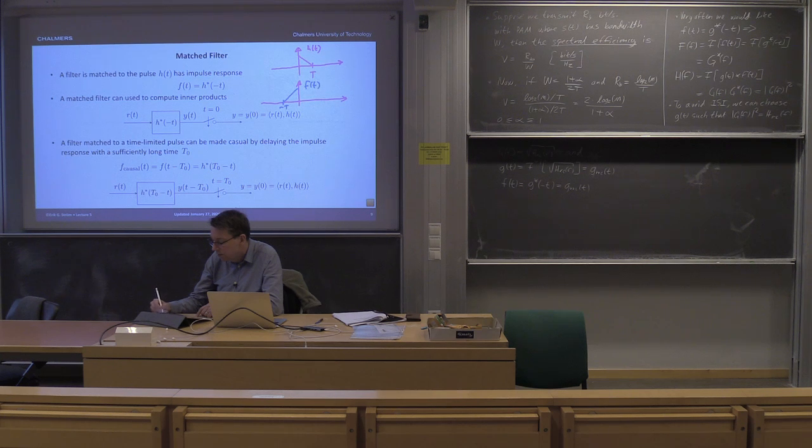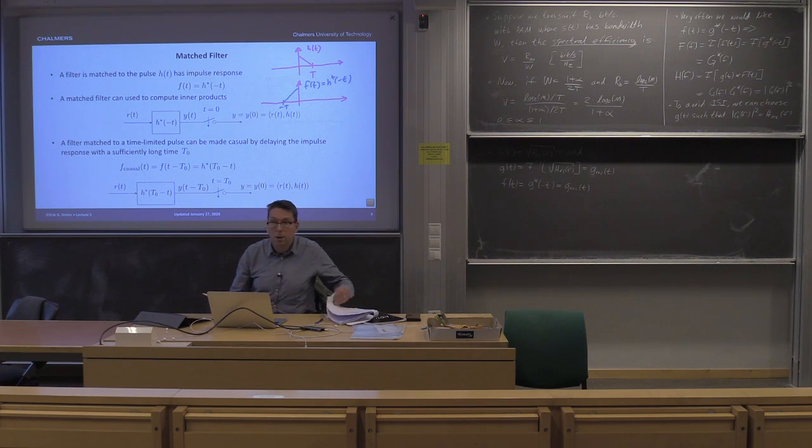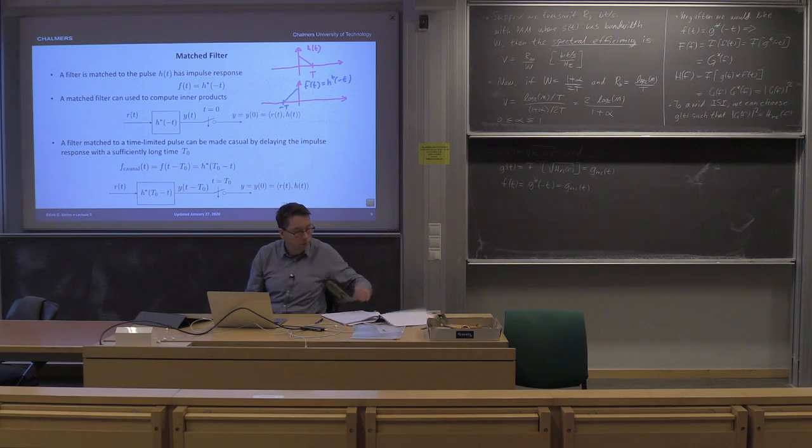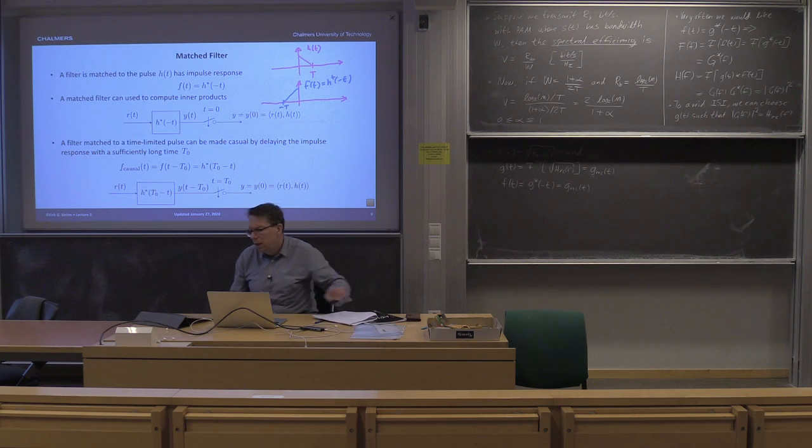So this is F of t, H time reversed like this. Okay, and complex conjugate is not visible here because this was a real valued function. Okay. So I think you've seen the matched filter in some previous courses also. But anyways, this is what it is.